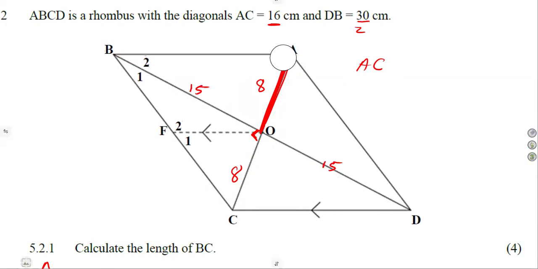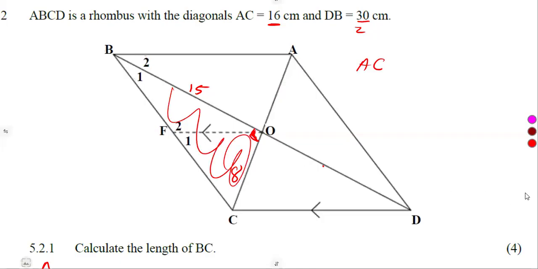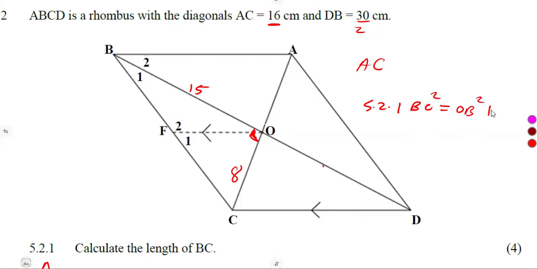To find the length of BC, we can simply use this triangle, because it is a right angle triangle, and thus Pythagoras theorem can be used. BC squared is equal to OB squared plus OC squared, meaning BC squared is equal to 15 squared plus 8 squared.